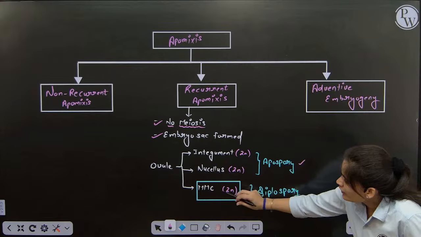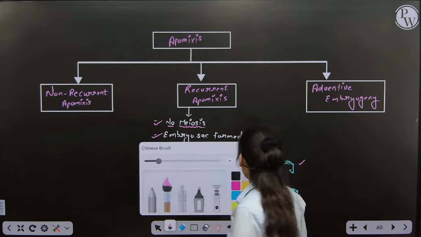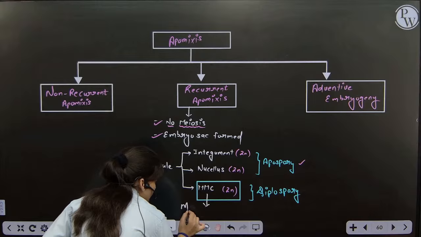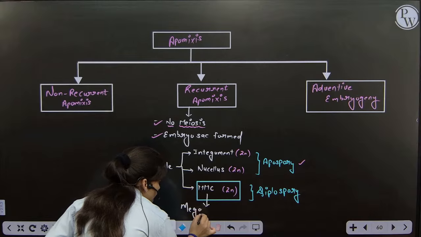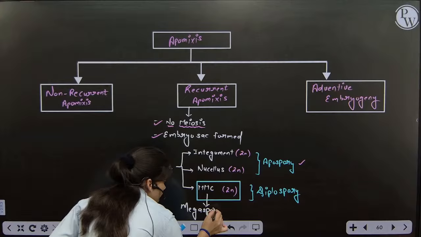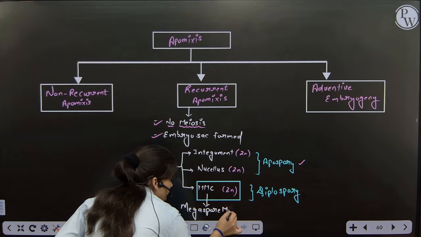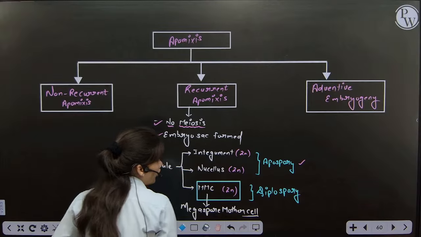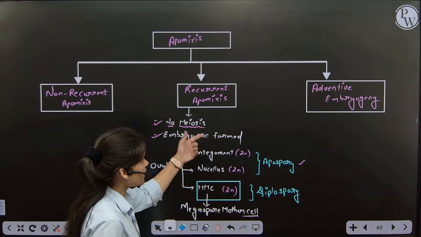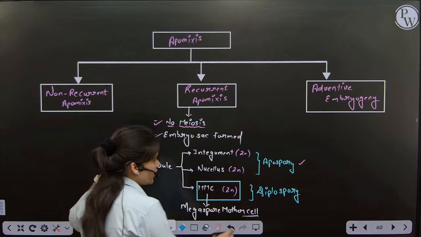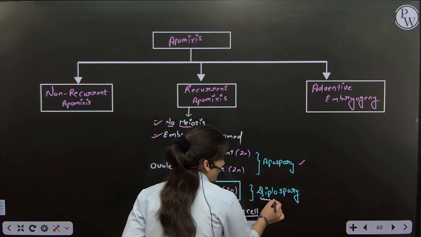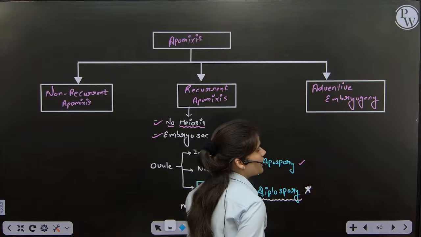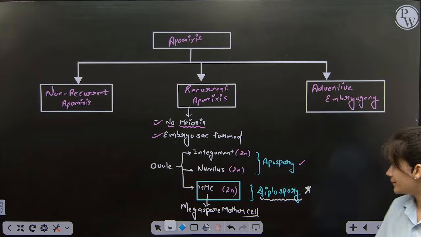But if the megaspore mother cell forms the embryo sac without meiosis division, that condition is known as diplospory. We need to remember this, diplospory.